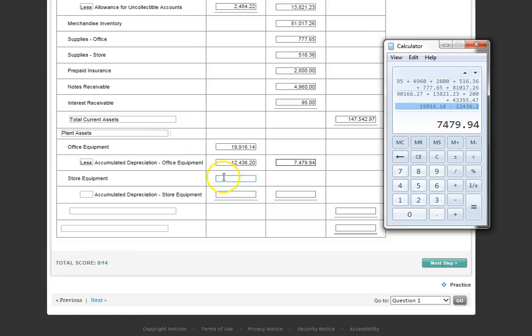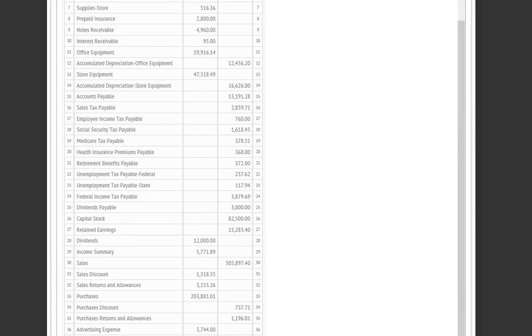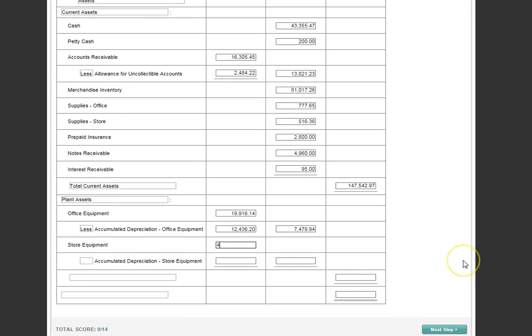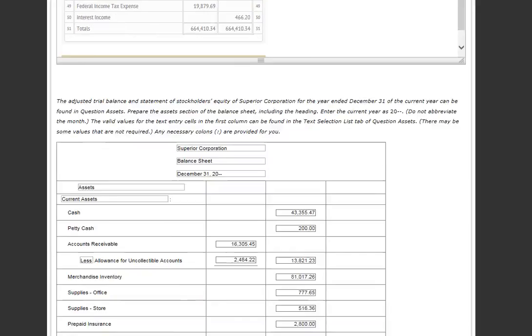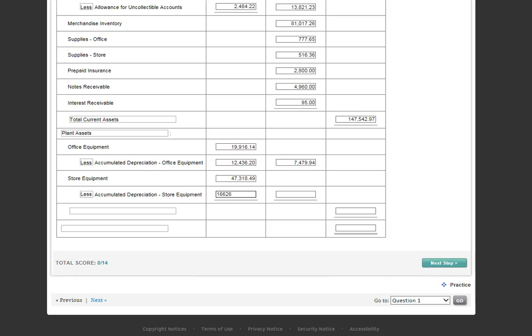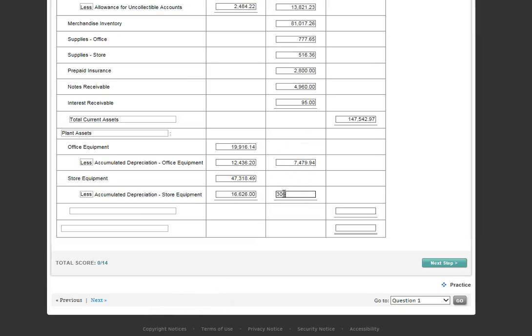Yep. Store equipment, 47,318. Less accumulated depreciation, 16,626. Subtract those. Almost done.